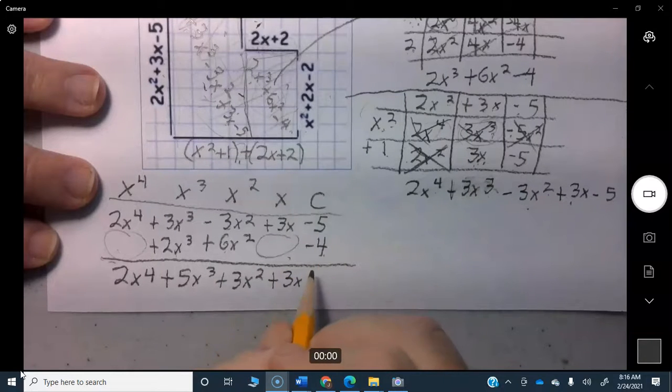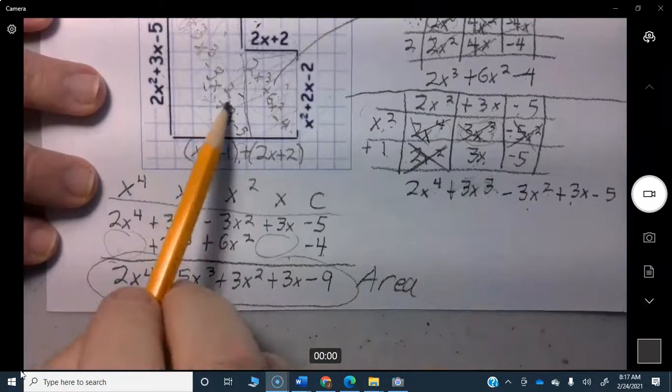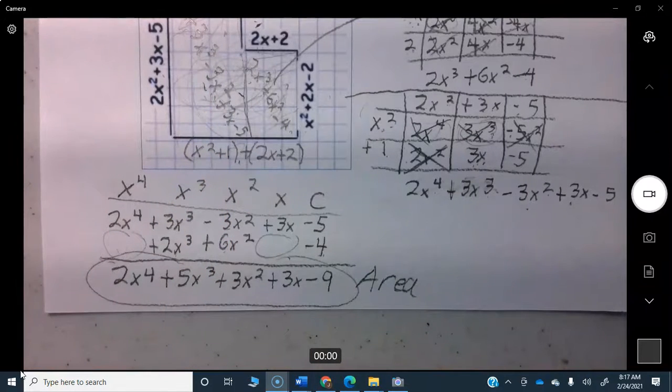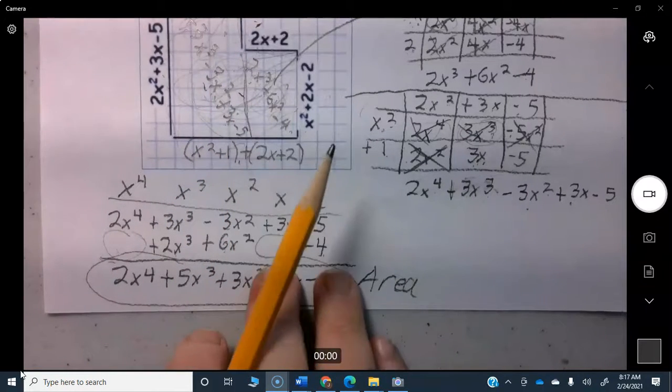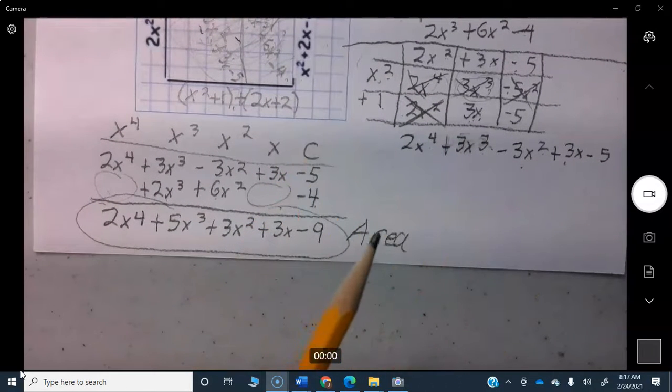And negative 5 plus negative 4 is negative 9. And that is your final answer. That's the area. Okay, that's everything inside of all of this right there. That's the area.